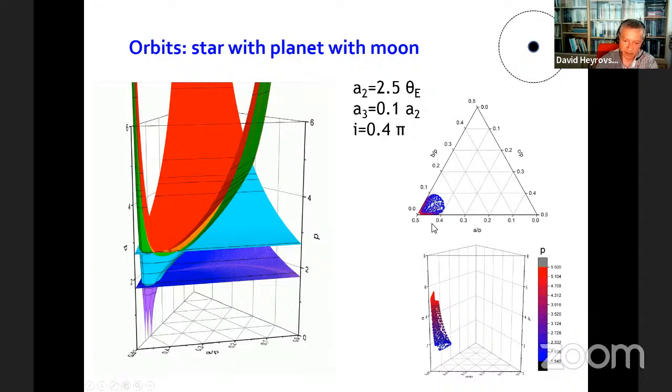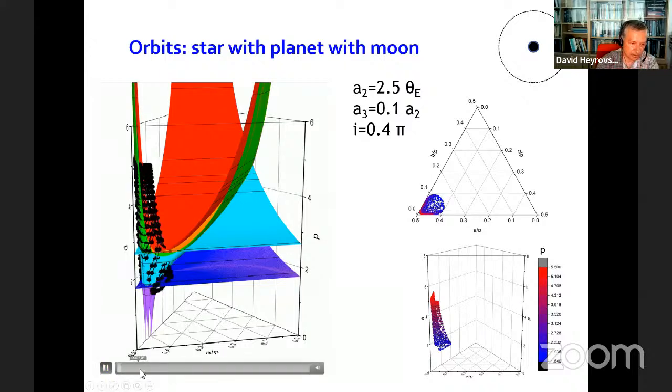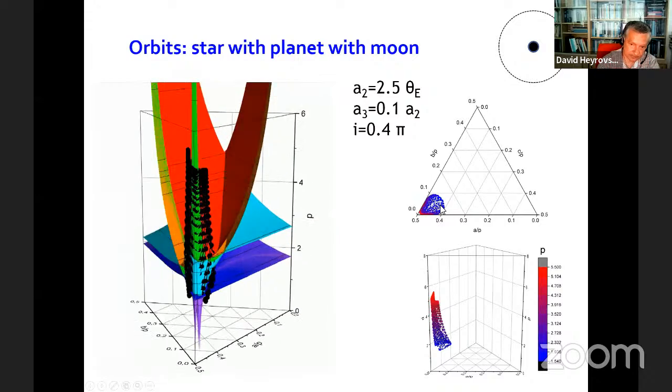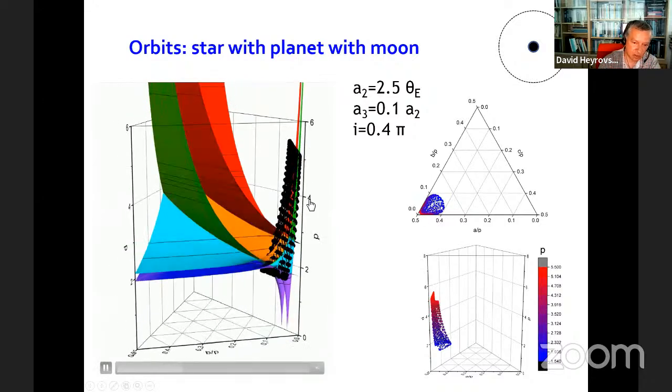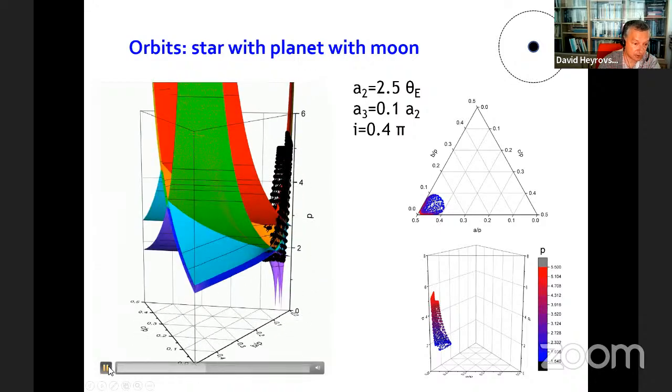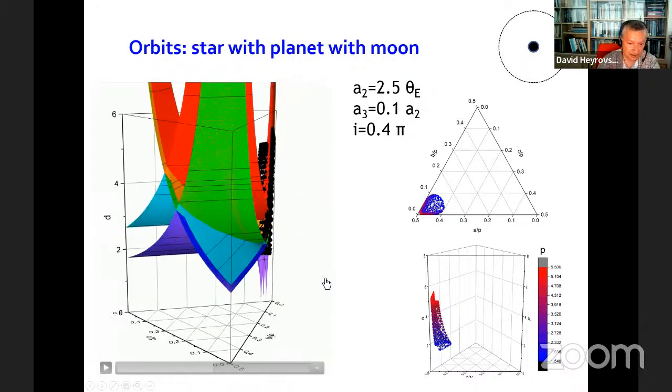You can see the points moving around in this region. The highest parameter will be here, lowest here. If you include the plot here, you can see that this orbit will cross into nearly all of the regimes in this corner. So you can expect the highest diversity of changes in the critical curve and caustic in such events.